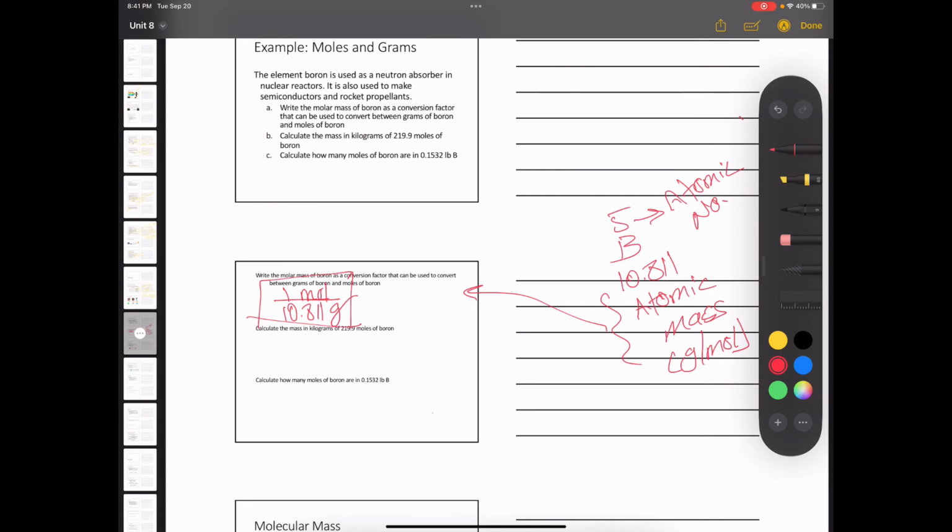Now, the next question asks to calculate the mass in kilograms for 219.9 moles of boron. So I need to put this formula in application so I can convert the moles into grams.